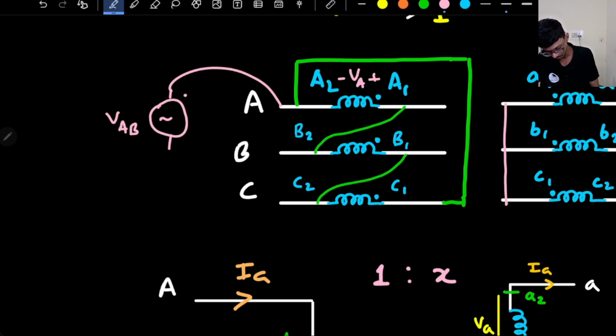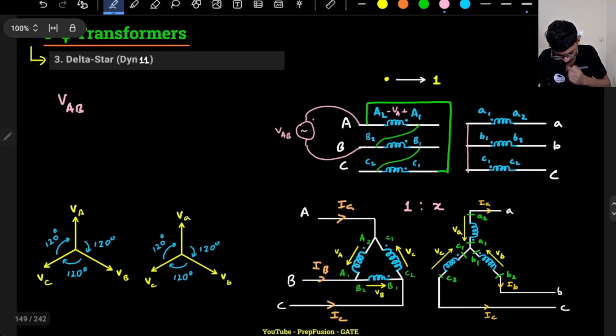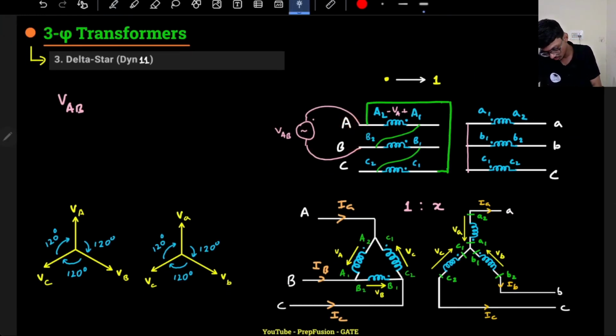So VAB is the voltage source, right? I can directly write VAB equals minus of VA, if I simply apply KVL, because this is dot, so this will be minus. So VAB will be minus VA.